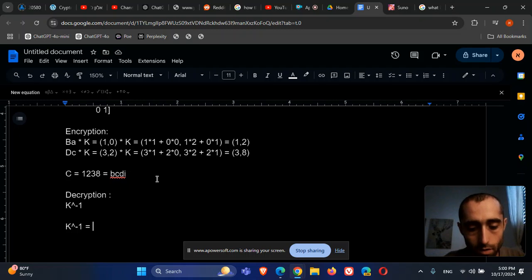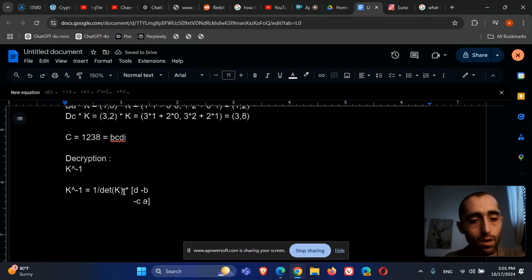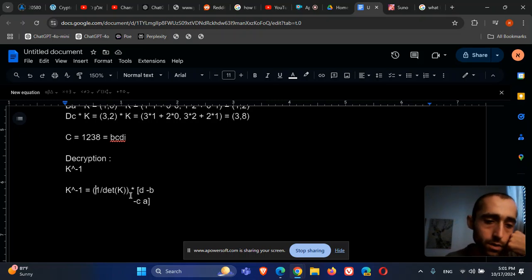You can use a formula that says 1 divided by the determinant of the matrix K, multiplied by, I'm not sure if I'm right, the transpose: D, minus B, and here minus C and A. This is the formula for calculating the inverse of a matrix of size 2 by 2.